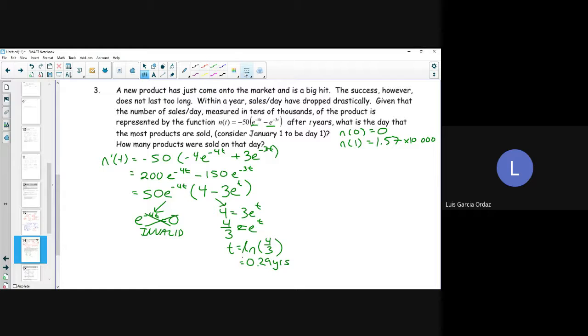And then finally, I need to evaluate my function at n of ln of 4 over 3, which gives me roughly 5.27. So I need to multiply that by 10,000, which gives me around 52,734 products sold on that day.